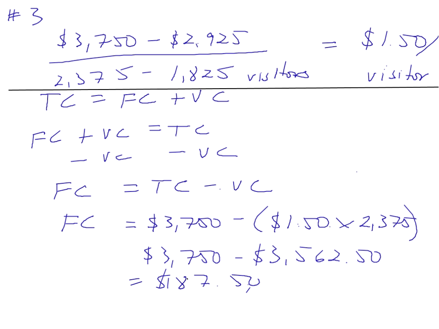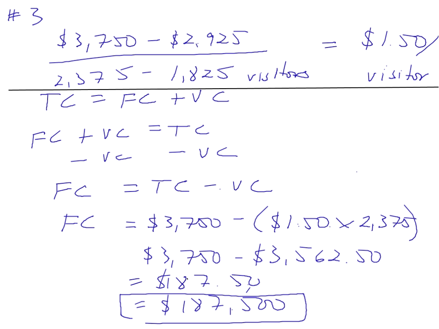So whenever we were saying 3,750, we actually meant 3,750,000. So we're just going to have to move the decimal over by 3 spaces. That's just going to give us 187,500. So that's going to be your answer to part A.